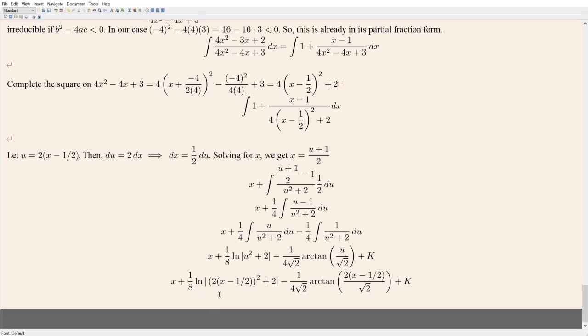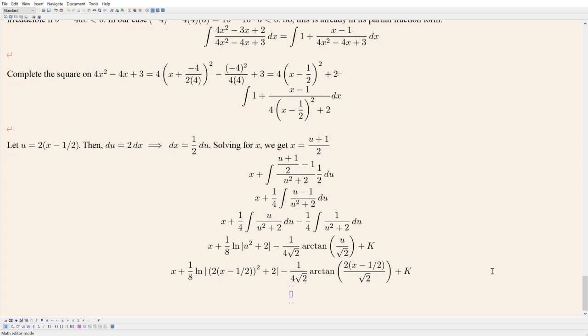Okie dokie. So now we can wring our hands forever trying to get this into a much nicer looking format, but I don't know. All the hard work has been done at this point.